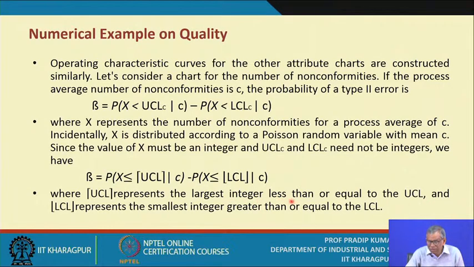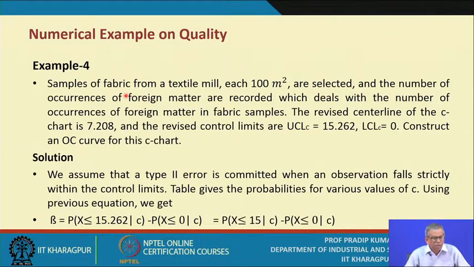Suppose it is 8.56, it has to be 8. And similarly, LCL represents the smallest integer greater than or equal to the LCL. Suppose the LCL is 0.73, it must be made 1. So, these corrections for integers you must make in the formulation, and then we take up this particular example.